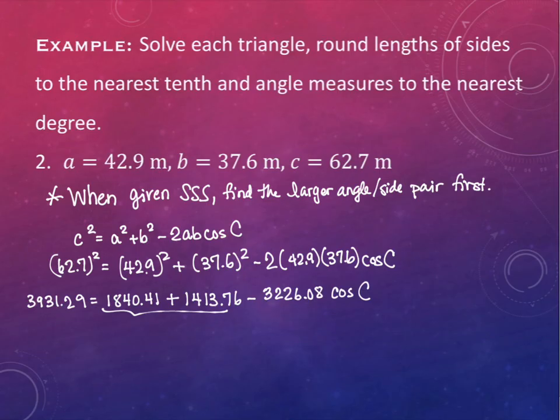So we're going to add the 1840.41 and the 1413.76. I have 3,254.17, and I'm going to subtract that to the other side. So this is minus 3,254.17 when I subtracted these to the other side.